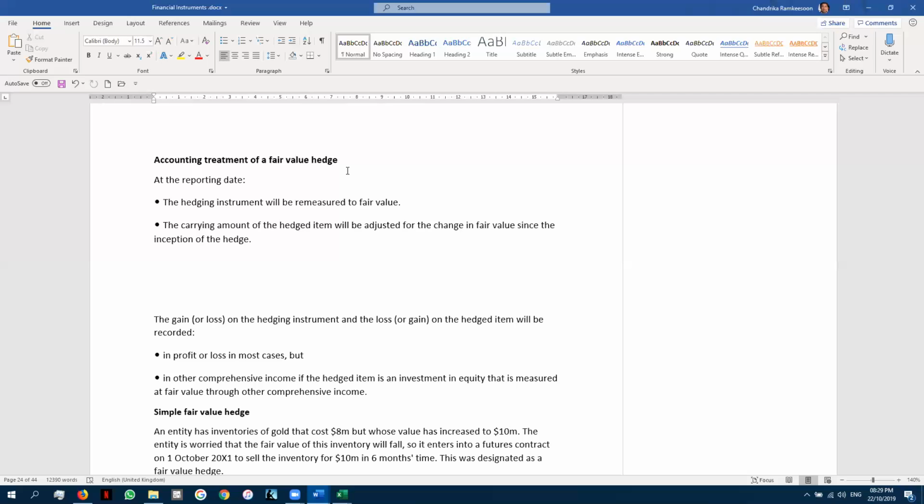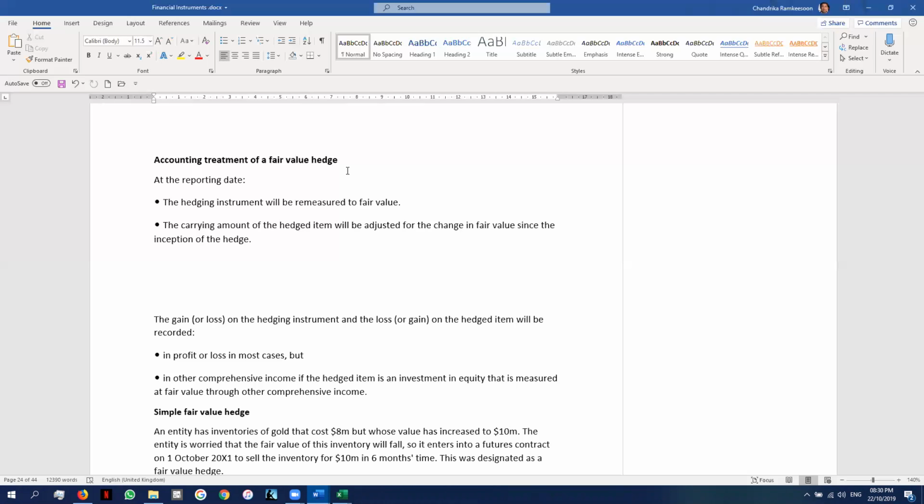What you've been told here is this: the gain or loss on the hedging instrument and the loss or gain on the hedged item will be recorded in P&L in most cases. And indeed in most, because even if we are looking at investment in equity, most companies may invest in shares to profit from movements in the price. That's their intention.